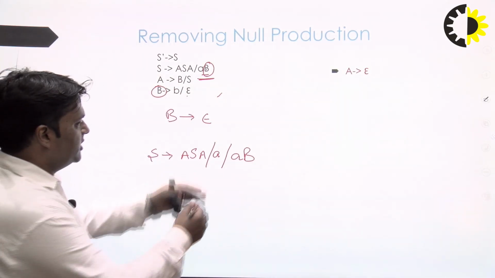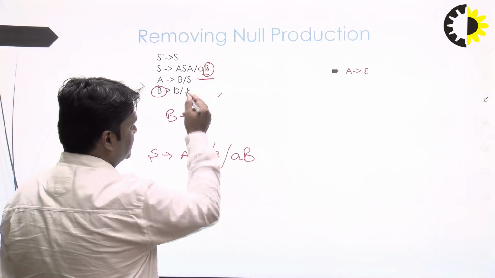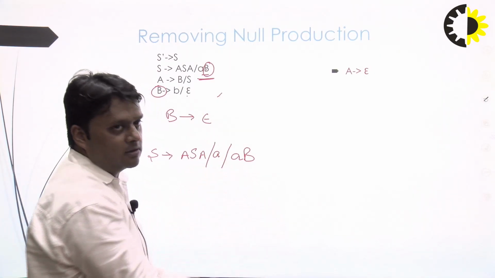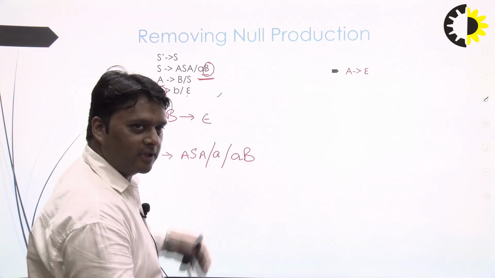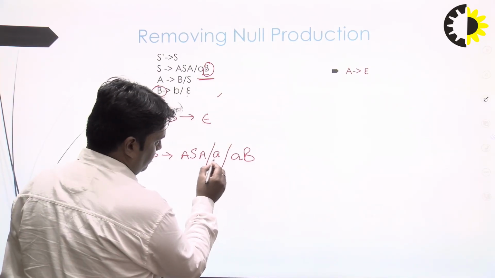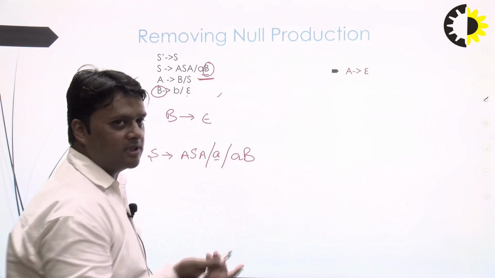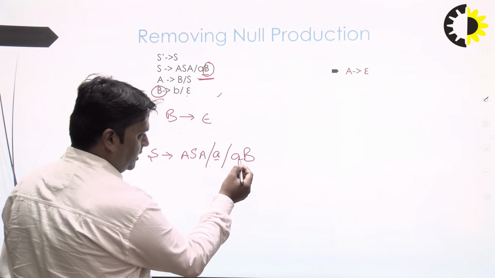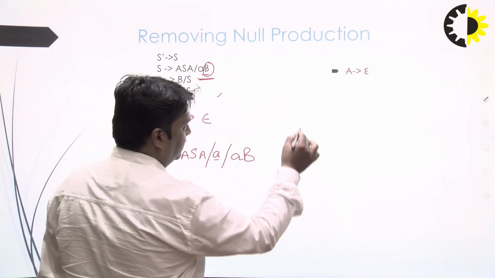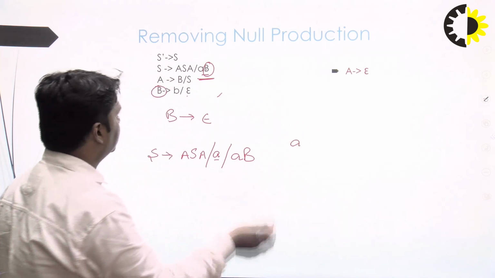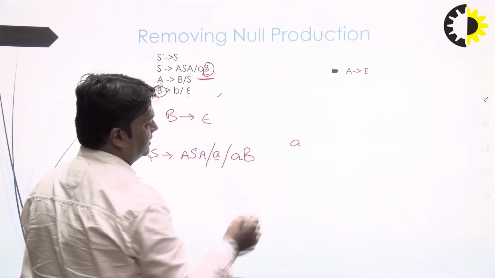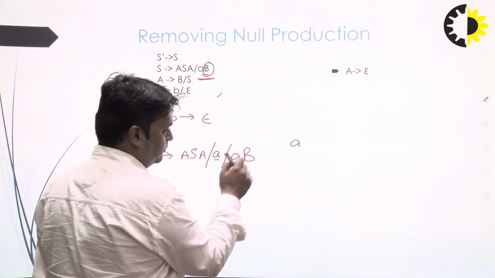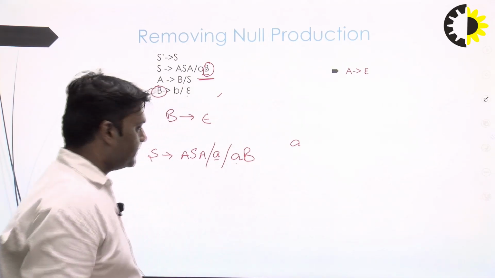because if we replace this symbol with epsilon, then we cannot extend the string further. The string will stop at this point, terminating with A only. If we put A here, then it will extend further. Otherwise, the string will not extend if we remove this.